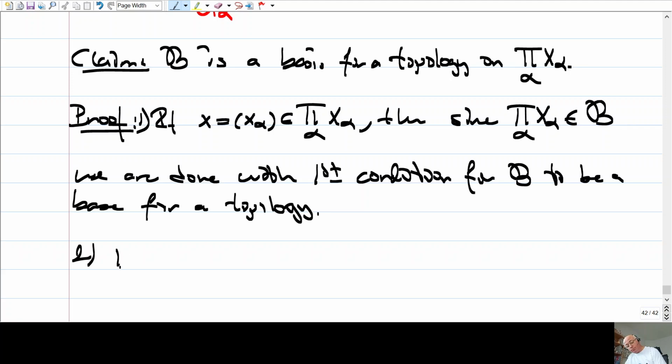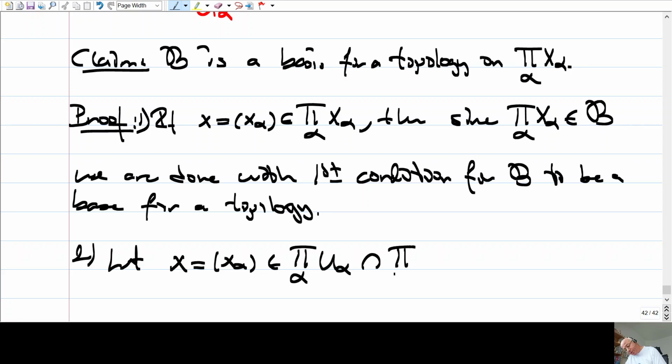So let X be an element of such elements, this one, and another one. These are basis elements, and I take an element in the intersection.